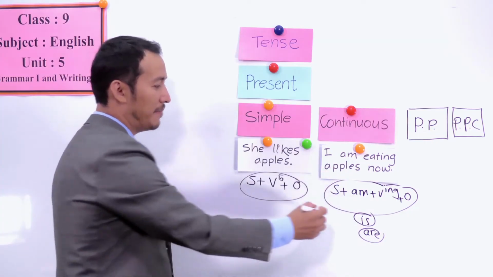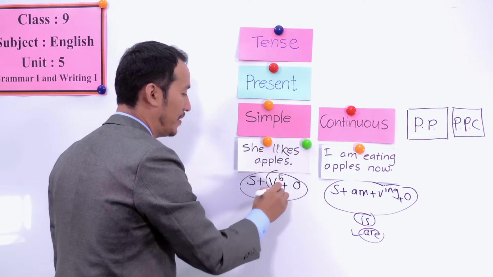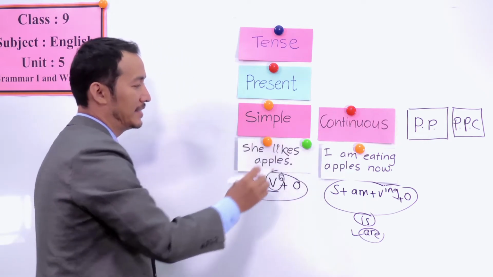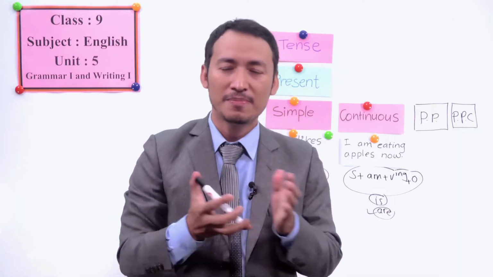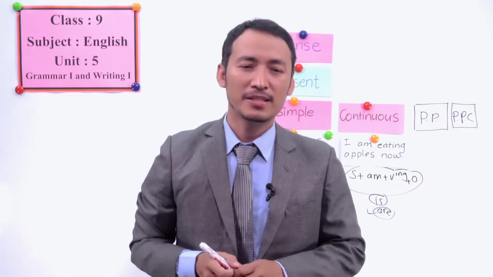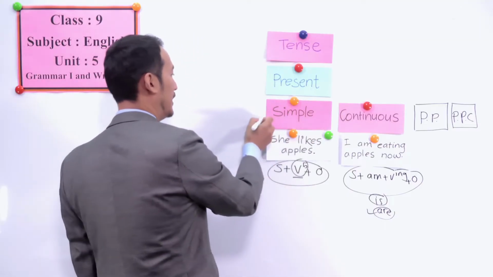Okay, students, so we have auxiliary here. We don't have auxiliary verb here. We have only main verb as likes. Okay, so we have situations to use these aspects. We have different situations, like we can talk about likes and dislikes in simple forms.